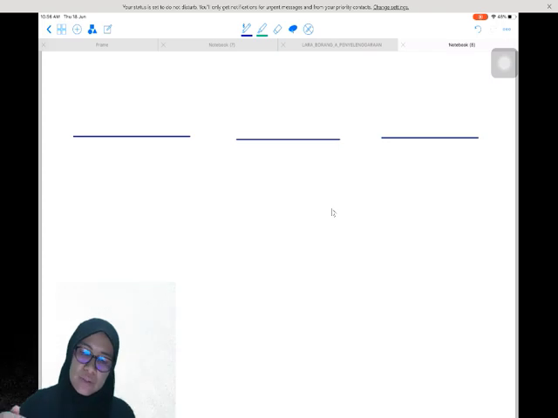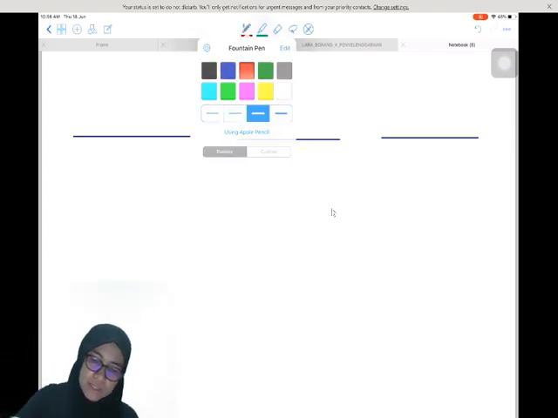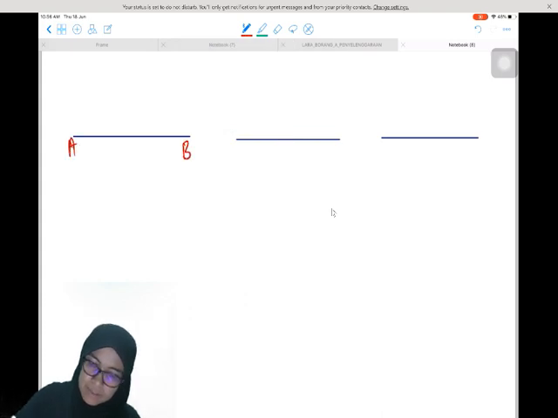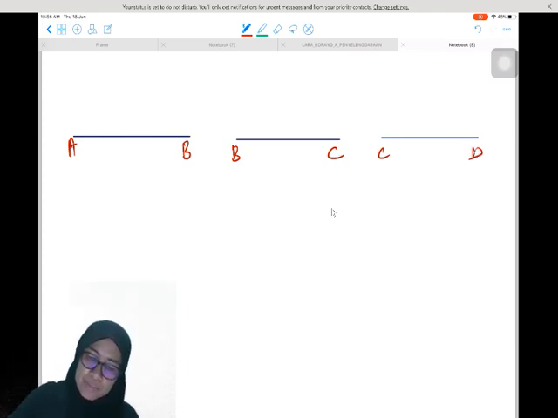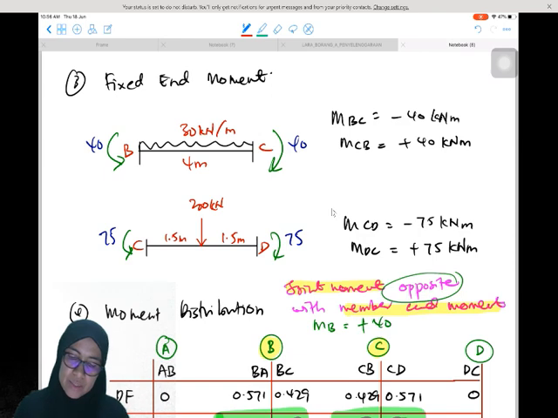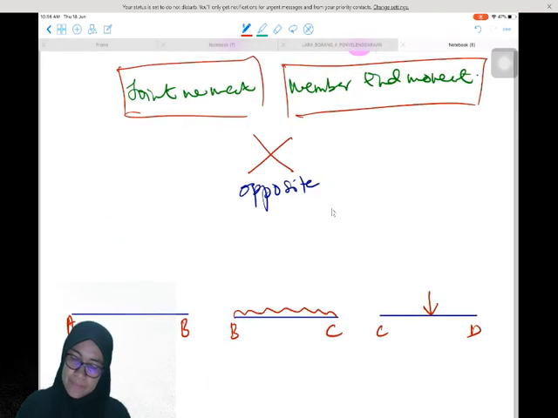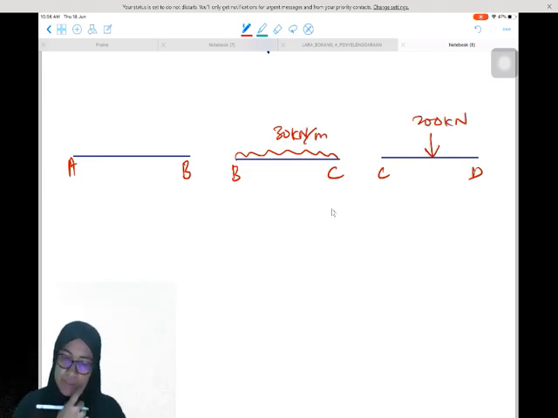We label the members first: A, B, C, and D. Remember that BC has UDL and member CD has a point load. The values are 30 kilonewton per meter and 200 kilonewton. We have determined the moment.